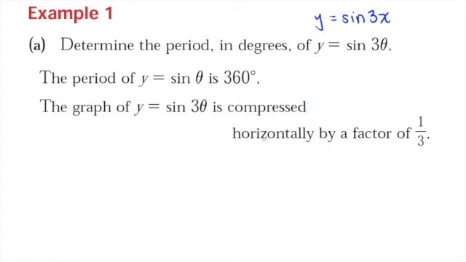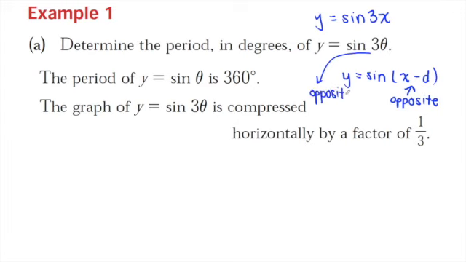It's actually going to compress. So again, just like when we look at our movement left and right, remember this is opposite of what you see. This is kind of the same thing. It looks like it would stretch it by a factor of 3, but it's actually compressing it by 1/3. Okay.